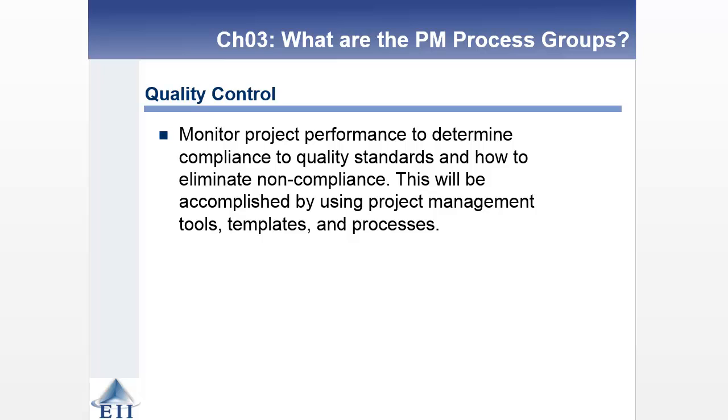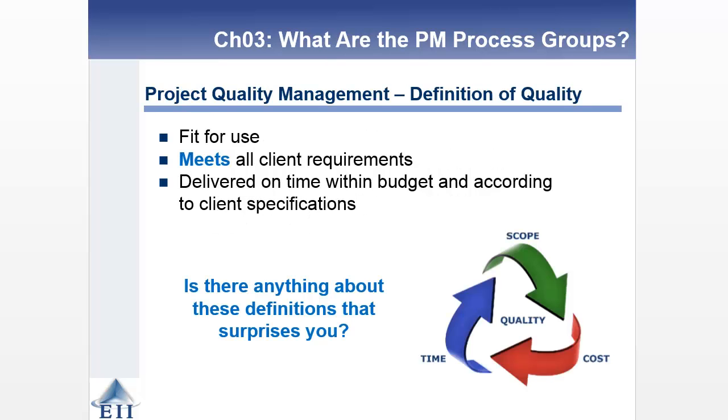So that's the intent for looking at quality control, quality assurance, and quality planning. And at the end of the day, you want to be able to deliver a product that's fit for use, meets all client requirements, and is delivered on time, within budget, and according to client expectations.